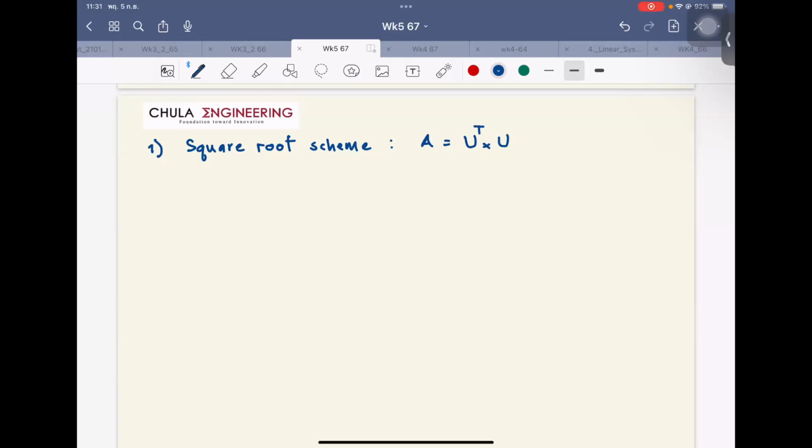I will illustrate the case of n by n equal to 3, a 3 by 3 matrix A. We have the matrix A: A11, A12, A13, then A21, A22, A23, and the third row, A31, A32, A33.